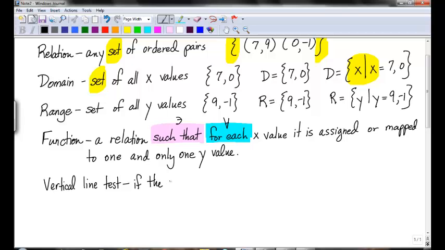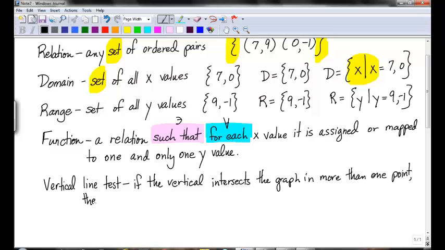If the vertical line intersects the graph in more than one point, then it is not a function. Okay.